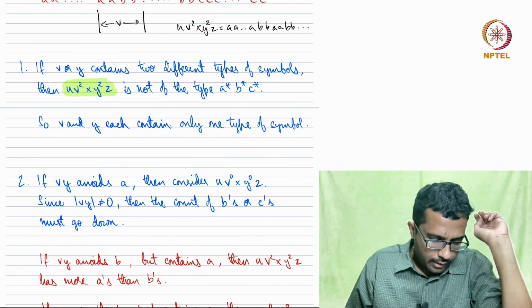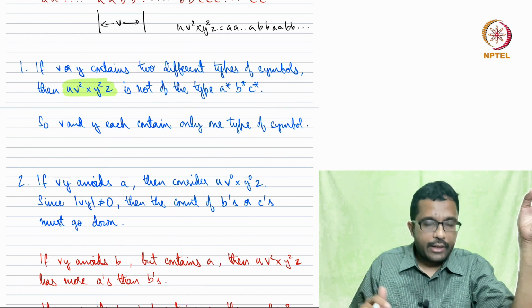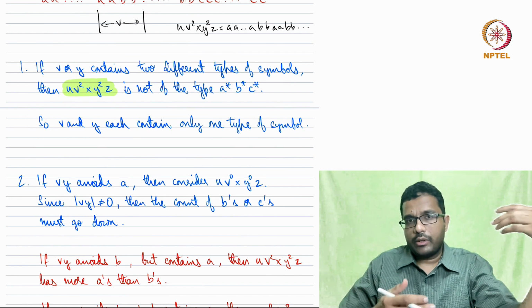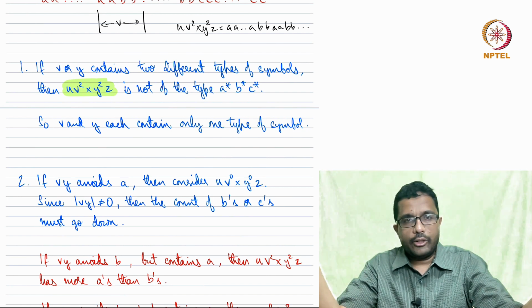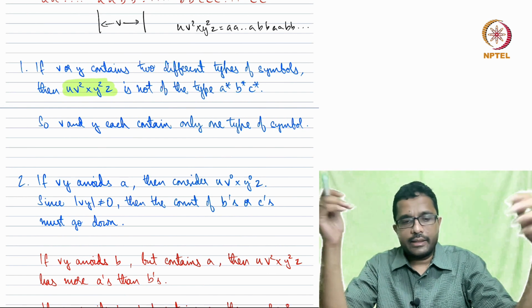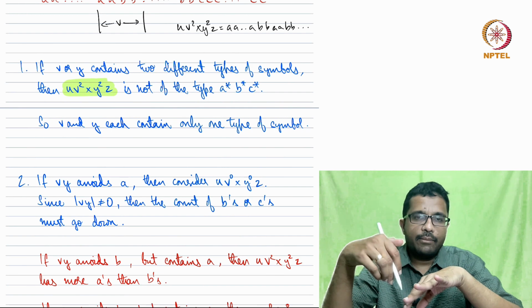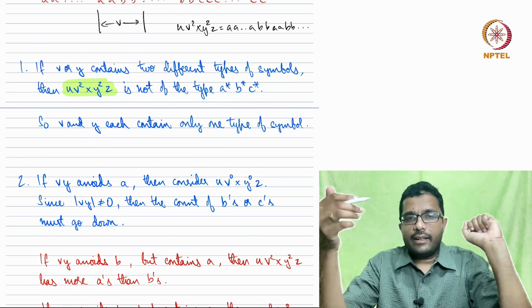So there are different cases. v and y contain only one type of symbol. v could contain one type, and y need not be the same type, maybe a different type. But then we have a, b and c, which means one of these three symbols has to be avoided. So let's say vy avoids a.